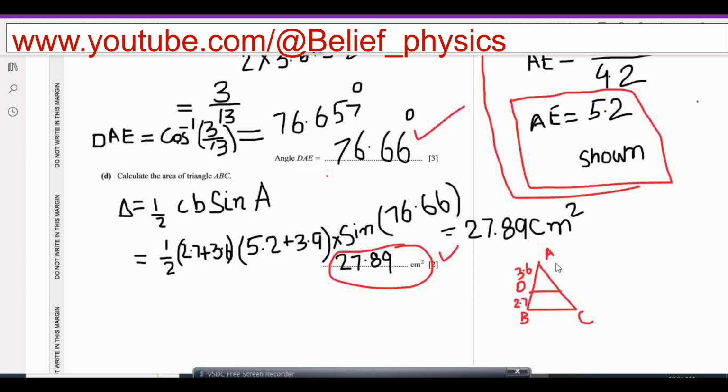Here we proved that this is 5.2 from D to E, and this length is given as 3.9, so the total length will be 3.9 plus 5.2. Now these two lengths and the included angle, which we calculated as 76.6, just put in the values to get the answer. The area of this triangle comes out to be 27.89 centimeters squared. That's it.